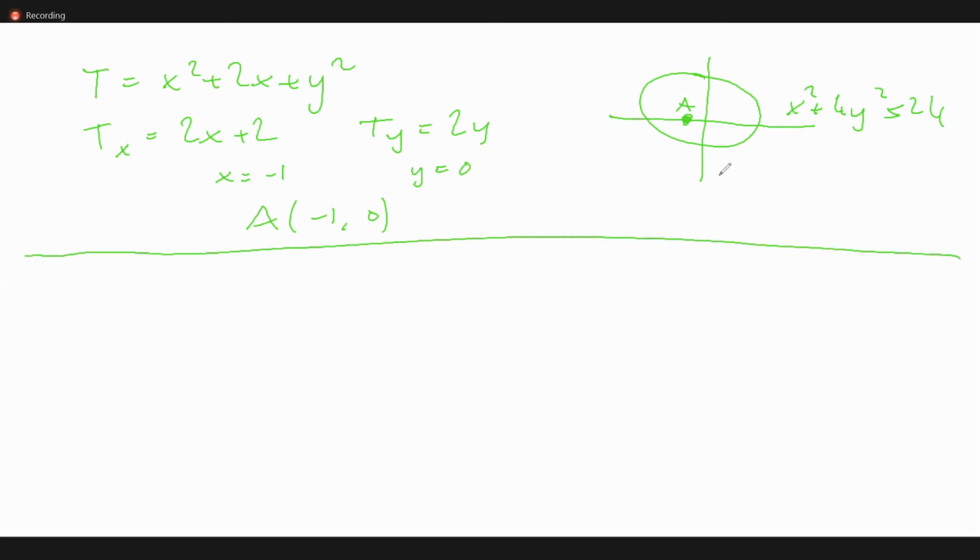Now we need to find any critical point along the boundary of the function. So the function is, let's call it g of x, which is x squared plus 4y squared minus 24. So we take the partial derivatives and we have 2x and 8y as partial derivatives.